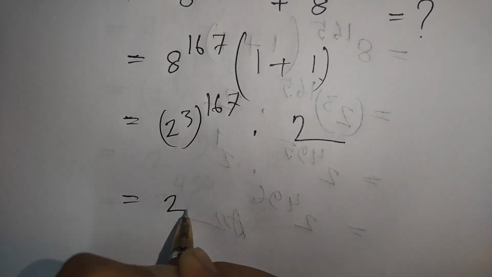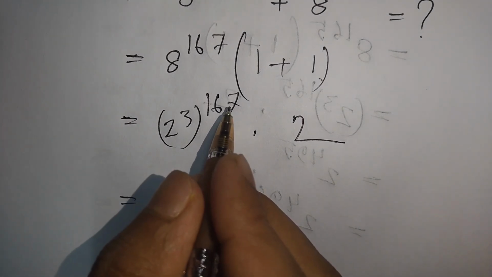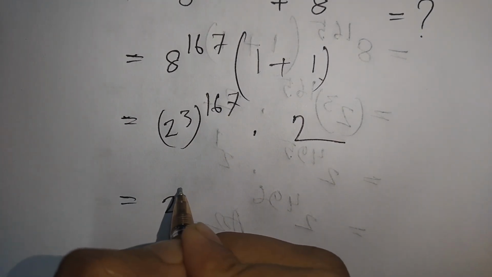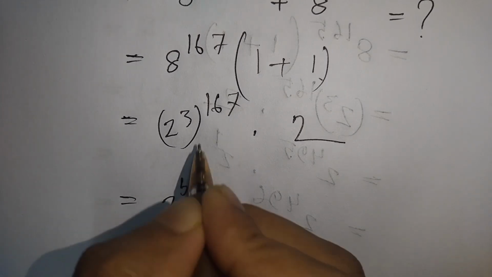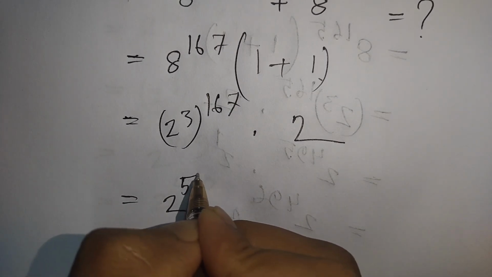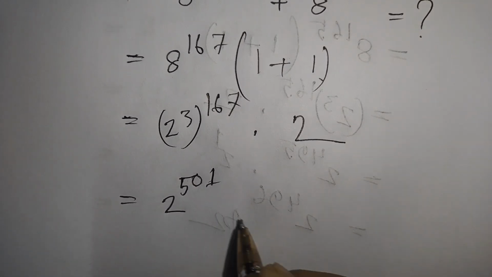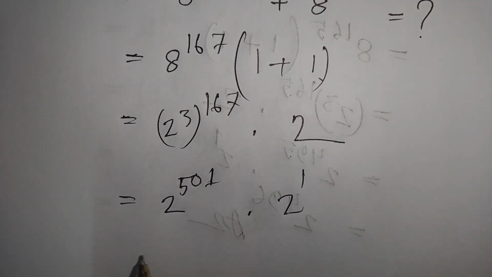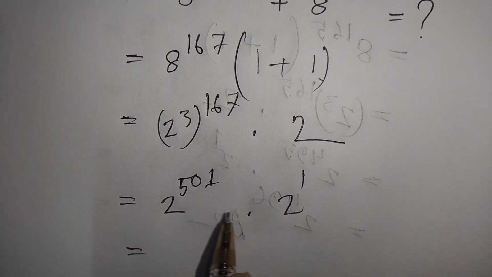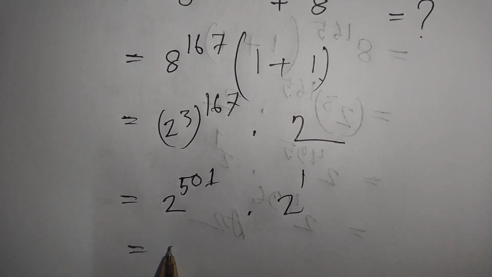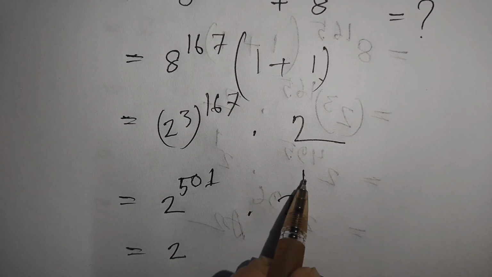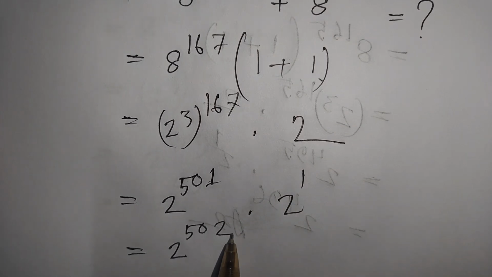Now we see that the same base but different powers. We can write it 2 to the power 501 plus 1, that means 502. So 2 to the power 502 is the correct answer.